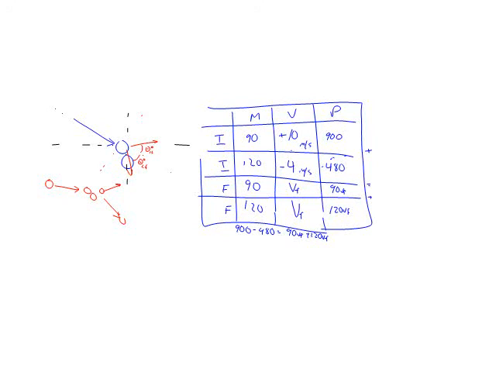I didn't get that answer. Did I make a mistake? Divided by 90 plus 120 is 210, right? Yep.